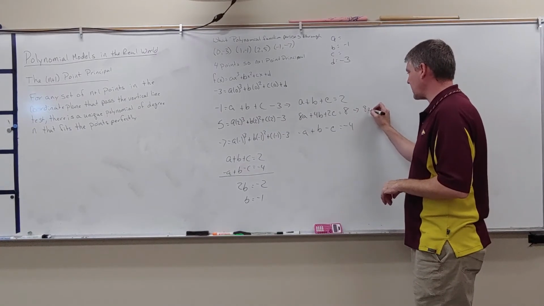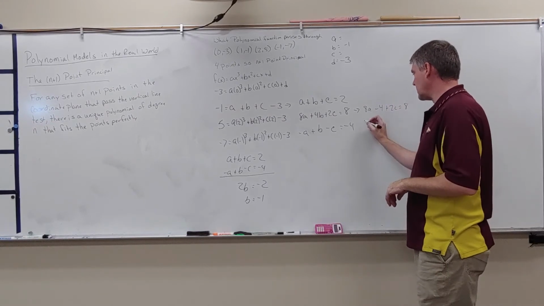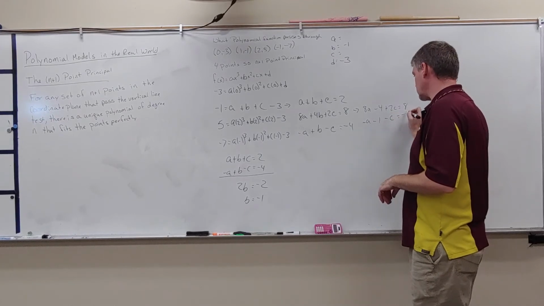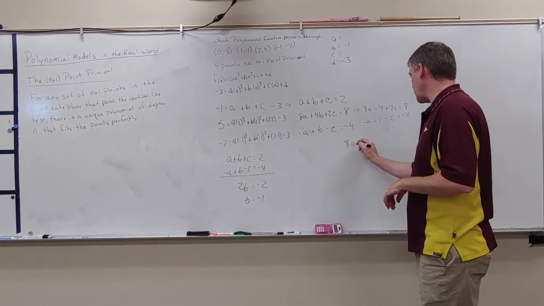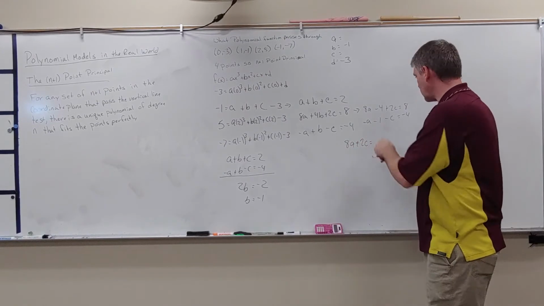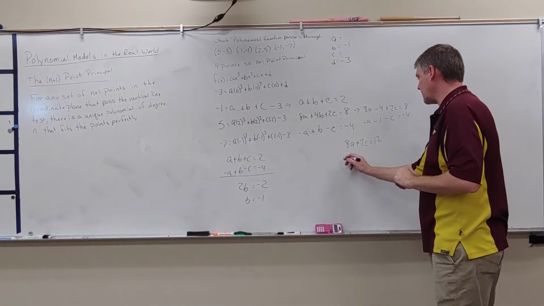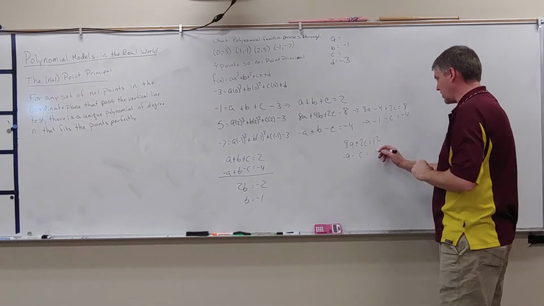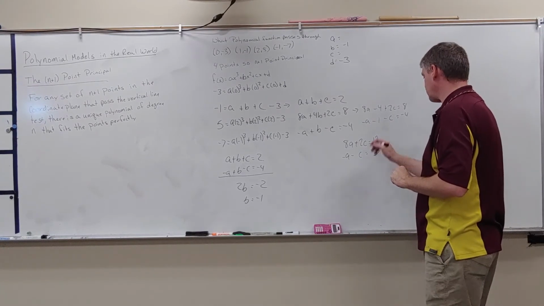This gives me 8a minus 4 plus 2c equals 8, and -a minus 1 minus c equals -4. So 8a plus 2c equals, I'm going to add 4 to the other side, 12. And -a minus c equals, I'm going to add 1 over, negative 3.